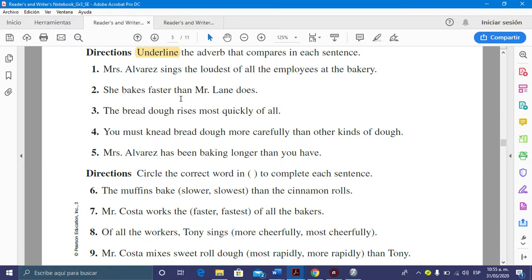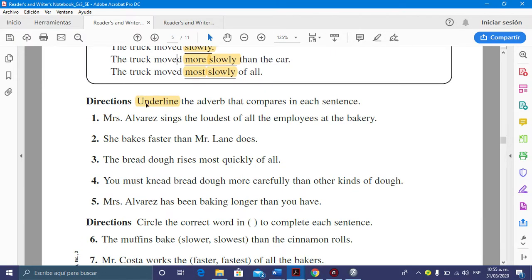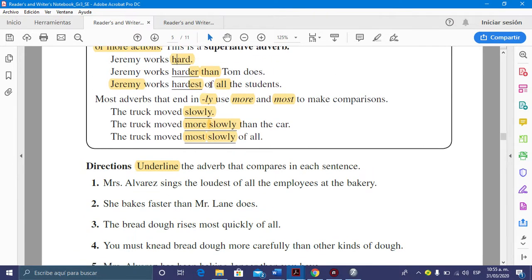Remember the words that end with est or er. So you have to underline the words with er, est, or ly. Okay?